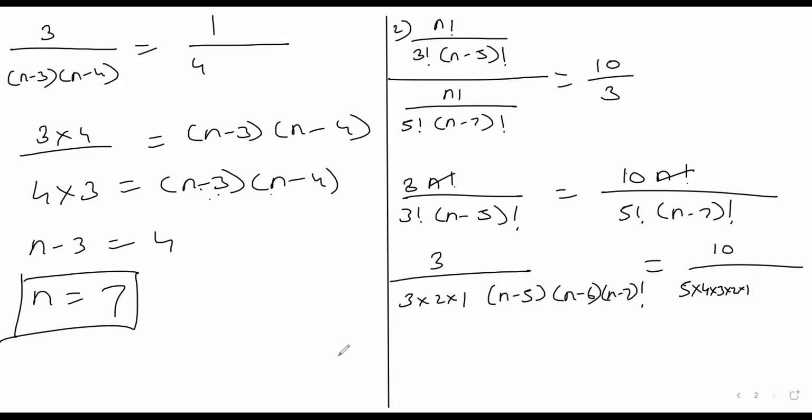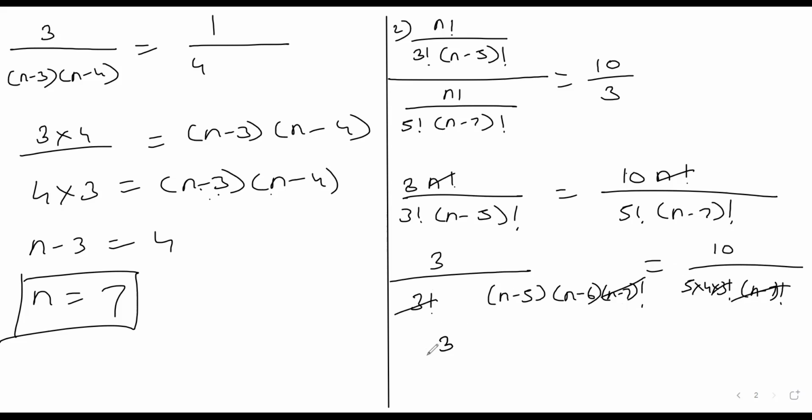Or I can also write this as, let's say this is 3 factorial, and 5 factorial is 5 into 4 into 3 factorial into n minus 7 factorial. N minus 7 will get cancelled. 3 will get cancelled.